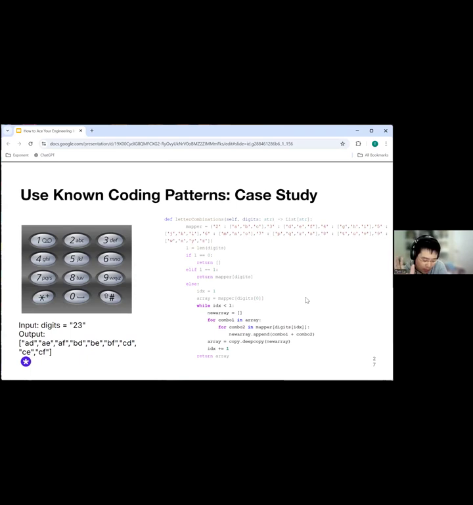So as you walk through the code with me, can any of you identify the coding patterns here? I'll wait 10 seconds for any potential answer. I bet you cannot. At least I cannot, right? So what is this while loop? What is this double for loop? It is very complicated.